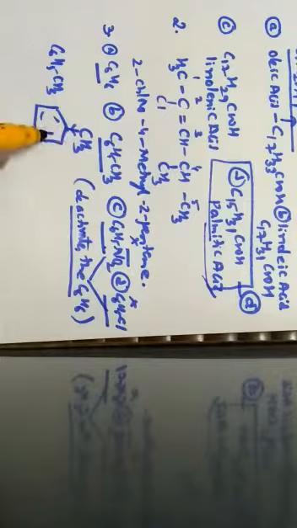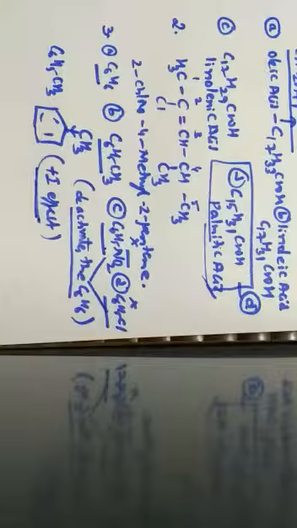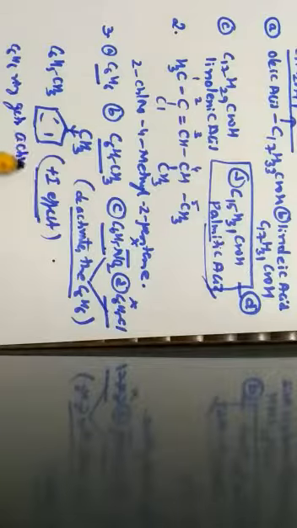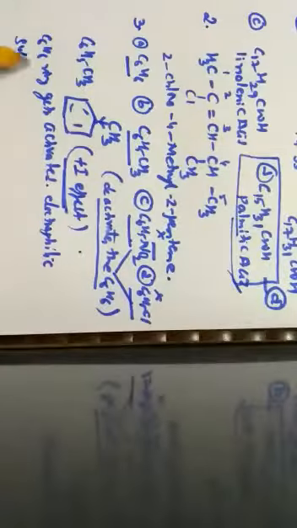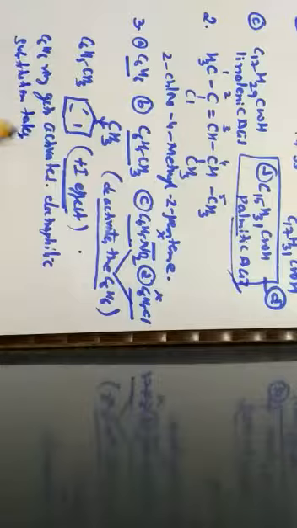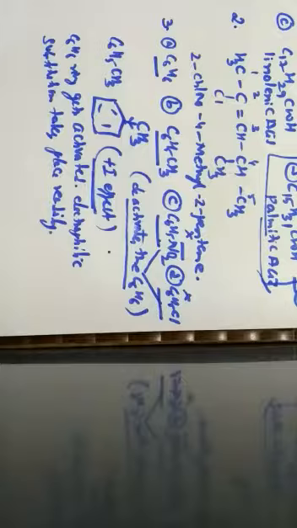Hence, the benzene ring becomes electron rich due to a positive I effect, because here the methyl group is donating electrons to the carbons, which shows plus I effect, and due to the donation of electrons, the benzene ring gets activated and electrophilic substitution takes place readily.